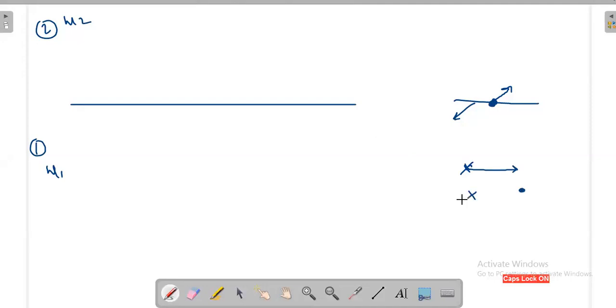Please note this down. Whenever you have an arrow mark, if the arrow is coming towards you, that is denoted as a dot. If the arrow is going away from you, that is denoted as a cross mark.